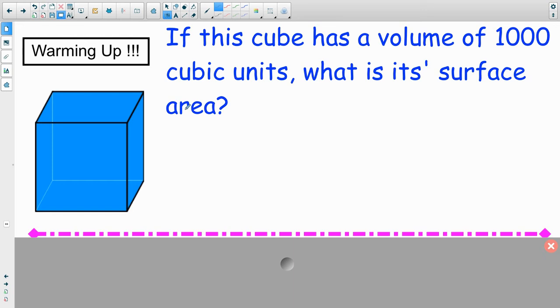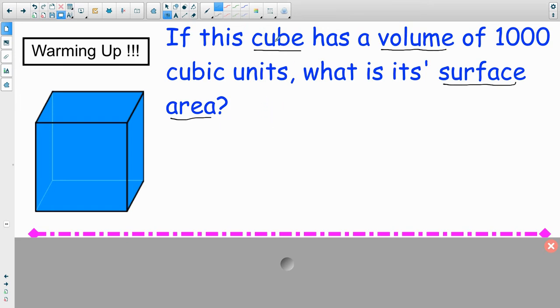Well, here, systematically, if I read a problem I'm looking for a couple important words. What's my figure? Cube. Okay. And what are we talking about? Well, they mention volume, but they also mention surface area. So in a problem such as this, I'm going to write out both of those formulas.